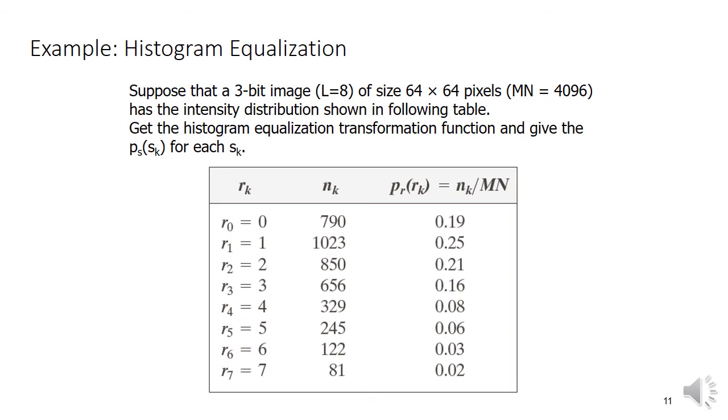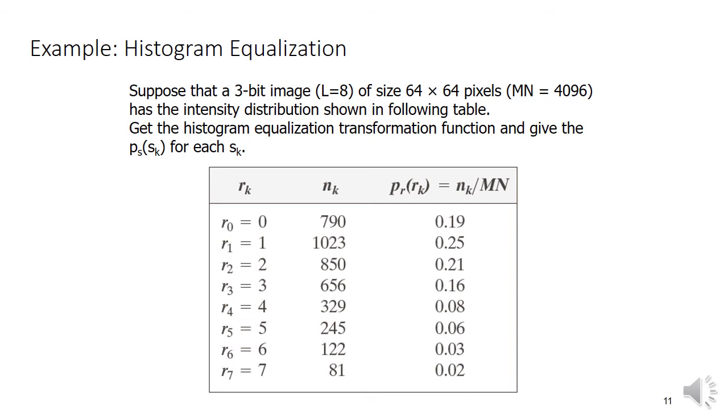Then the size of the image, m times n, will be 4096, and this image has the intensity distribution shown in the table given below. We have to get the histogram equalization transformation function and give the probability of sk for each of the output sk.